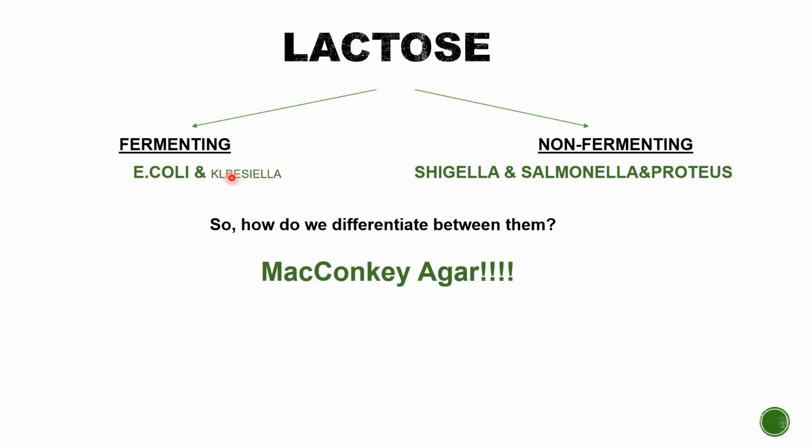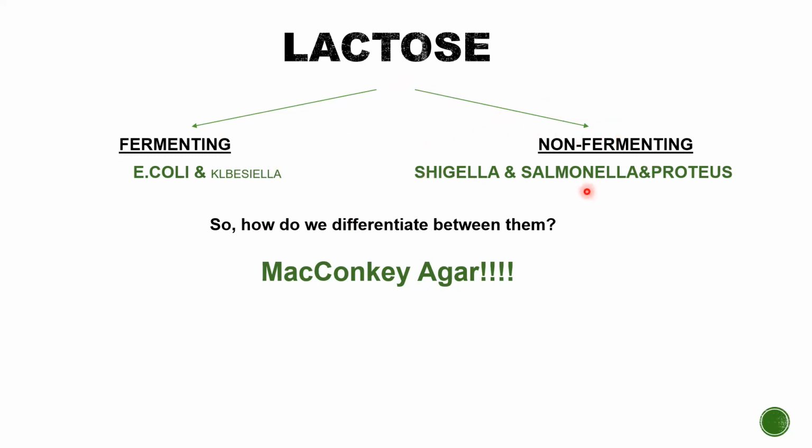I did not find it in your slides, which is why I'm not mentioning it, but it's actually part of the fermenting ones. I don't think you took Klebsiella, so just focus on E. coli.